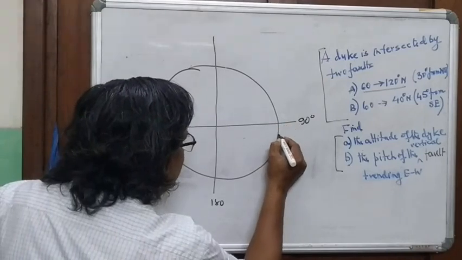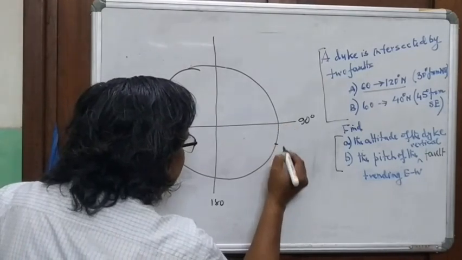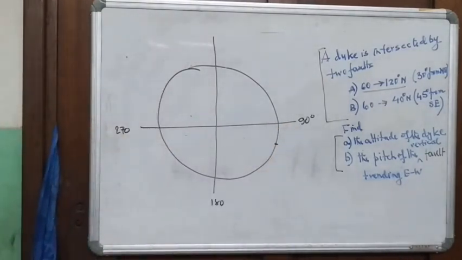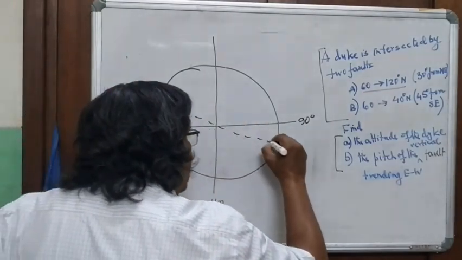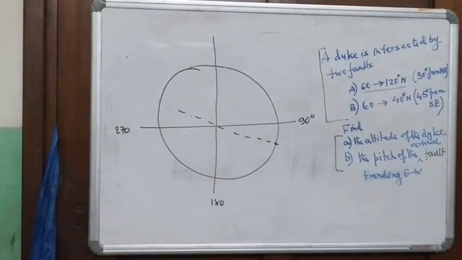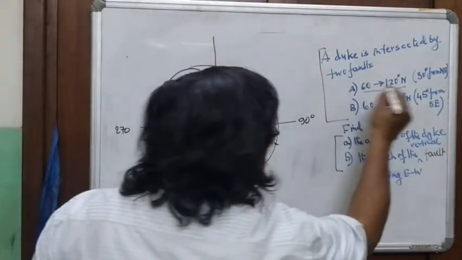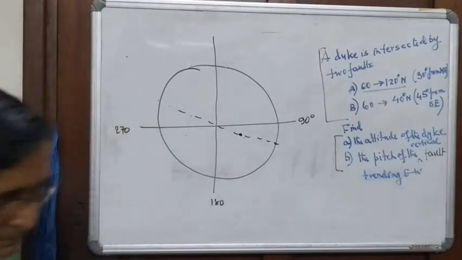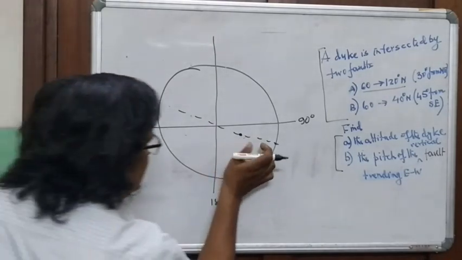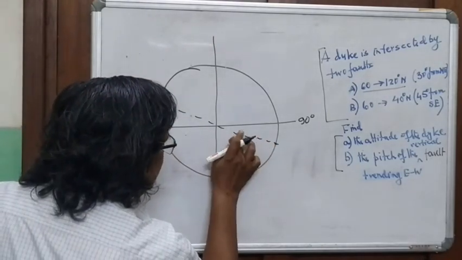So 120 degree is roughly here. So this is the dip line, and the dip here is 60 degree towards 120 degree.